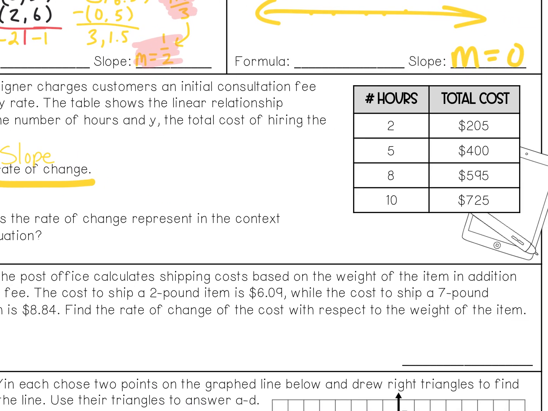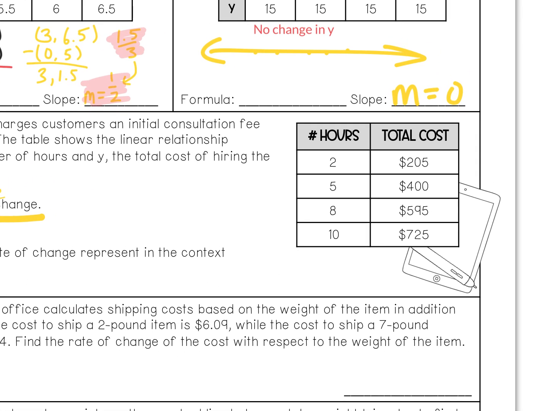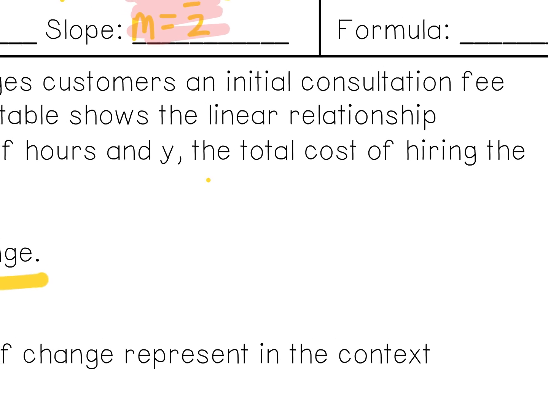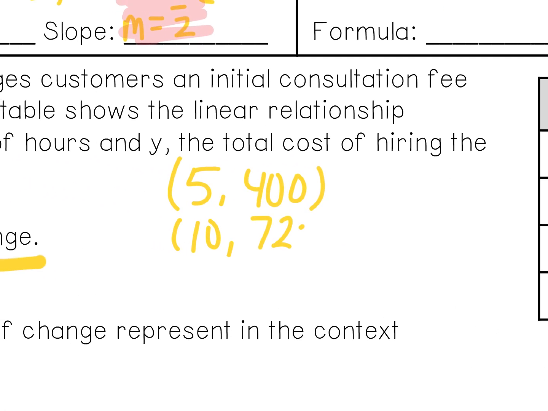So, pick a point. 5, 400. And what's another one? 10, 725. Okay, and then we subtract.